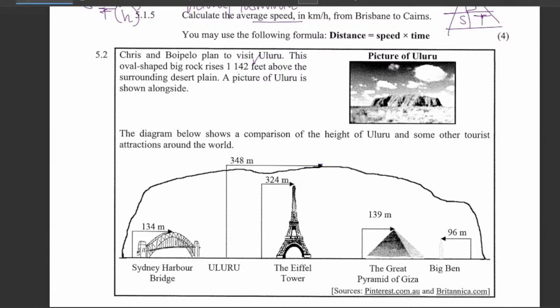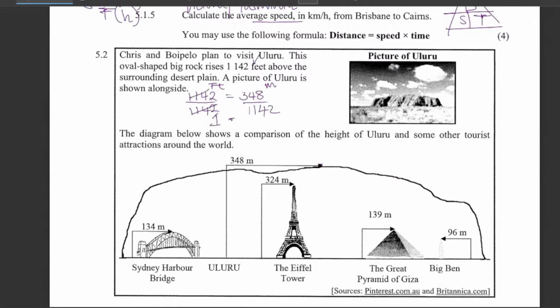We shall put the feet on one side, which is 1142 equals 348, so these are feet and these are meters. Since we want one on this side, we shall divide through by 1,142 on both sides. This goes with that, remain with 1.